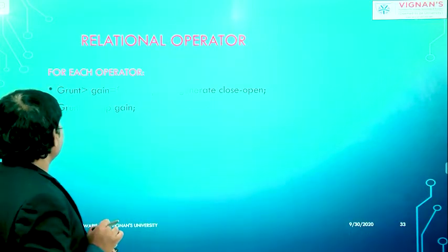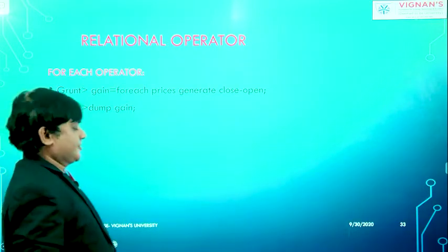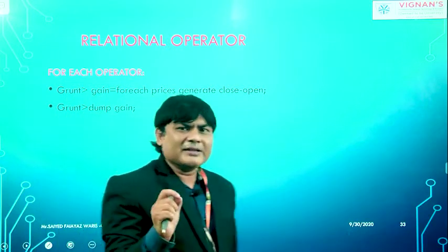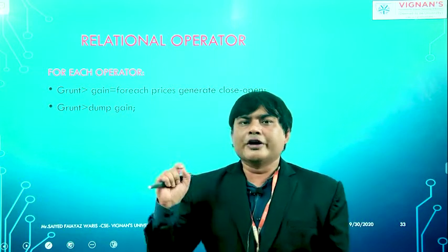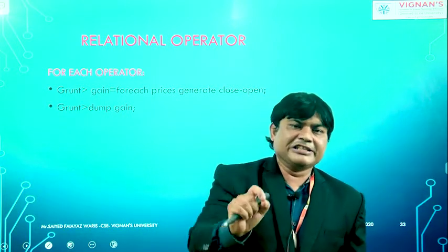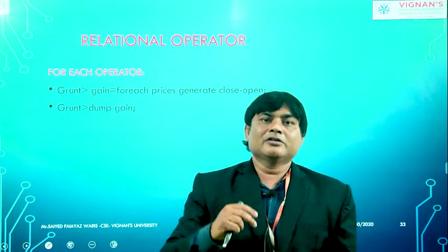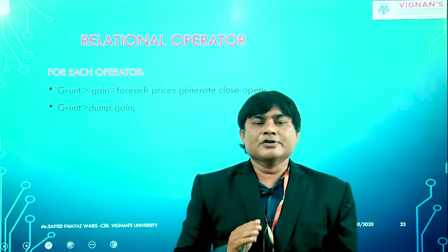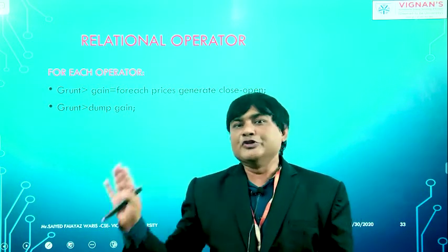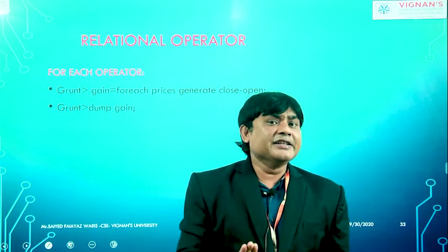Now we're going to see the relational operators. These are the basic operators: the load operator to load data into some relation, the dump operator to display the result on the screen, and the store operator to store the result into a new folder. These are the basic operators which must be used while writing a Pig Latin script.